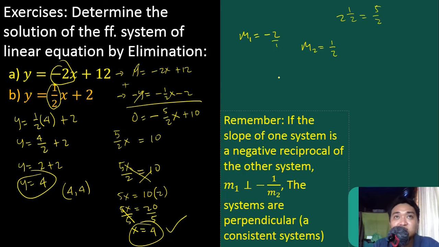And the reciprocal of positive 2 is 1/2. So therefore, the negative reciprocal of negative 2 is positive 1/2. And whenever the slopes of two linear systems are negative reciprocals of each other, the two systems are said to be perpendicular to each other. Hindi lang sila simpleng consistent lang or intersecting lines, perpendicular pa sila. Ganun po.